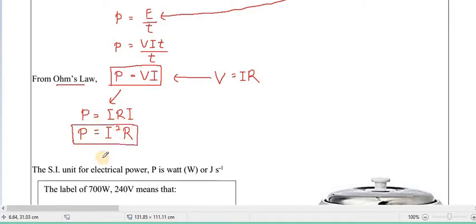That means if you know the current and you know the resistance, then you can use P equals I squared R to calculate the power.